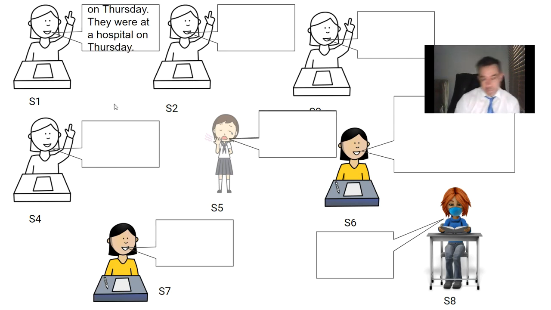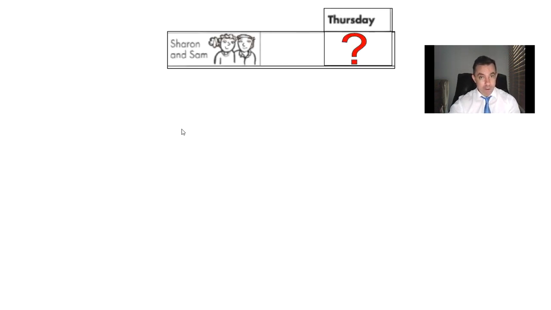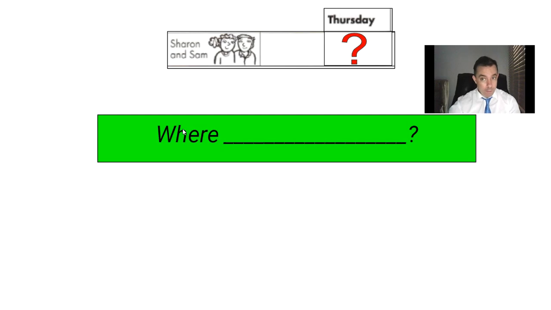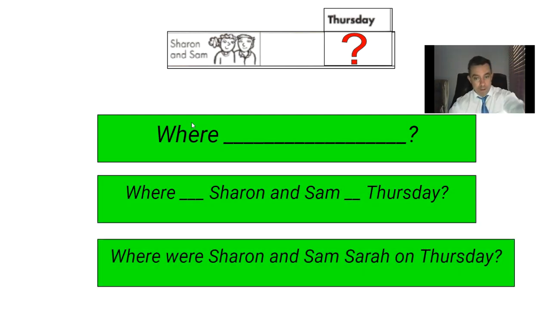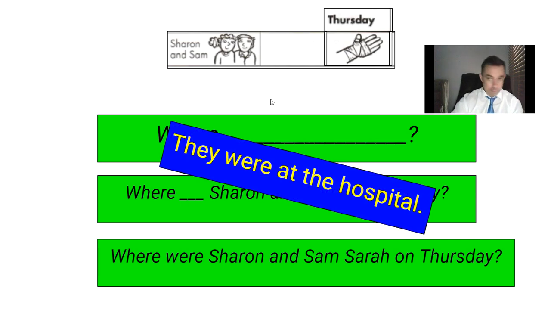They were at a hospital on Thursday. Very, very good. Thank you for doing that with me, everybody. One more time, where were Sharon and Sam on Thursday? They were at the hospital on Thursday.